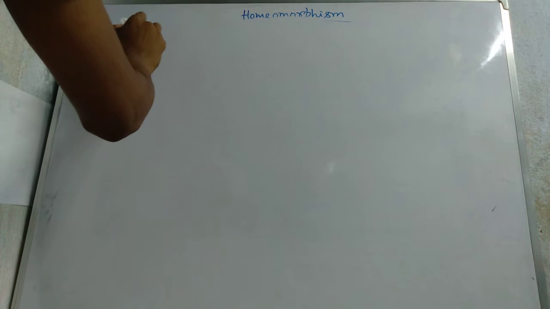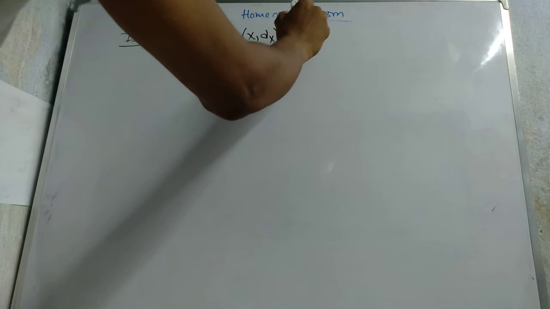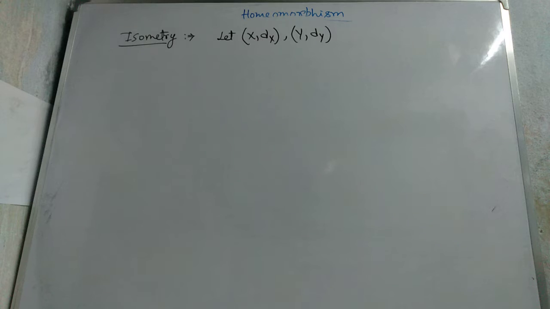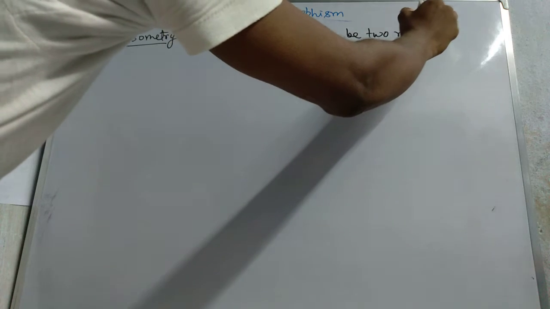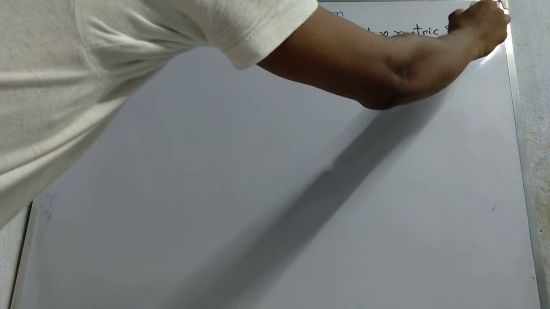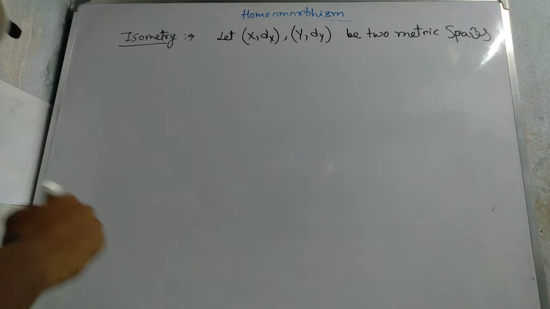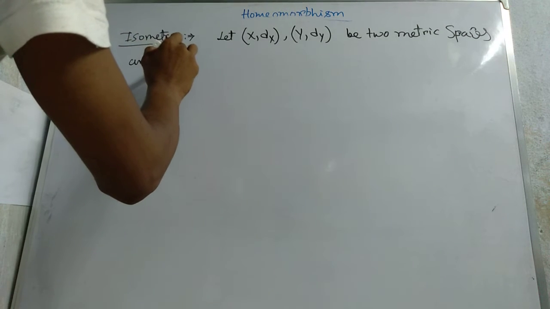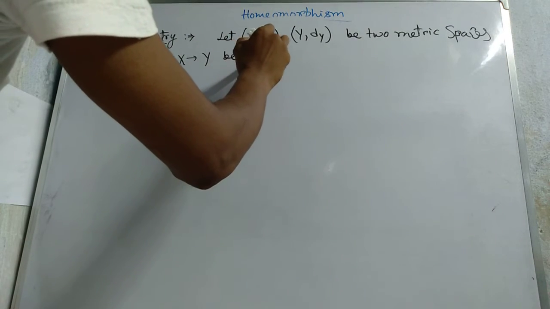Now we start the definition of isometry. Let (X, dx) and (Y, dy) be two metric spaces and T: X → Y be an onto mapping.